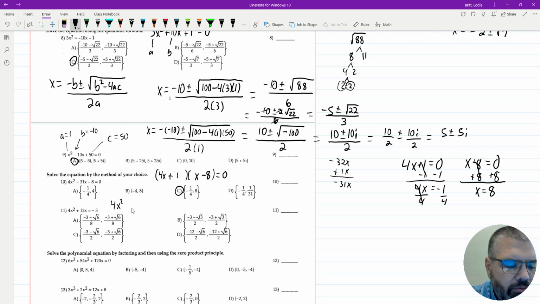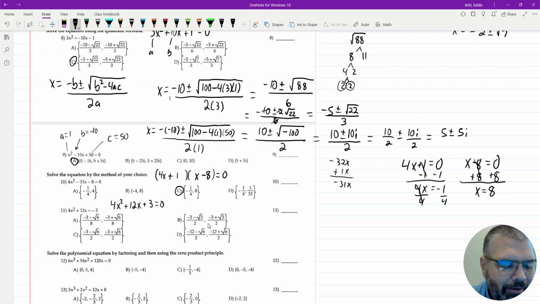So that's 4x squared plus 12x, and if I move the negative 3 over to the left side, that'll be a positive 3, and then equals 0. I can't solve it by factoring.